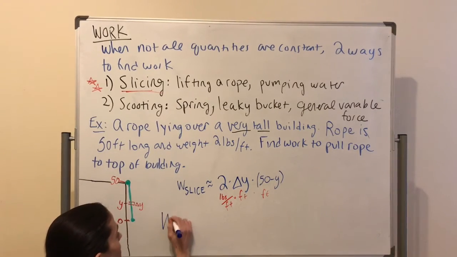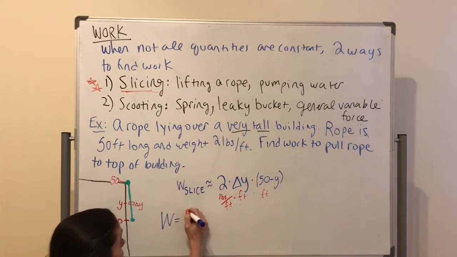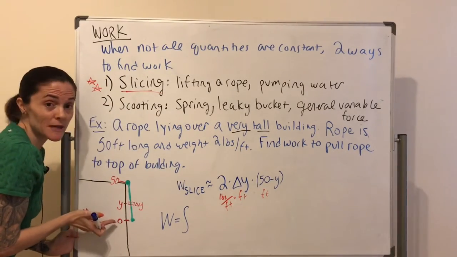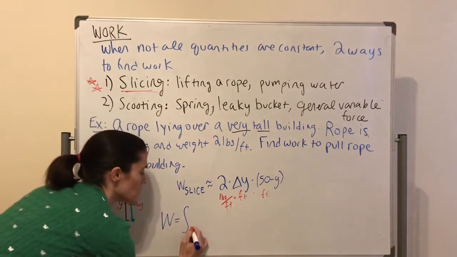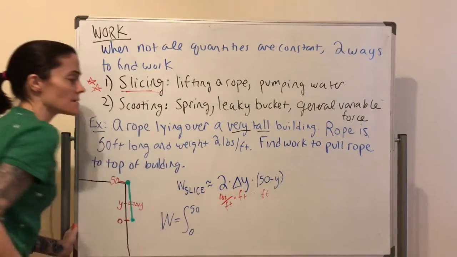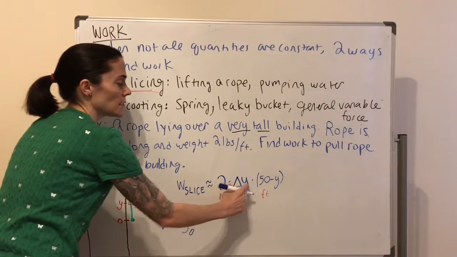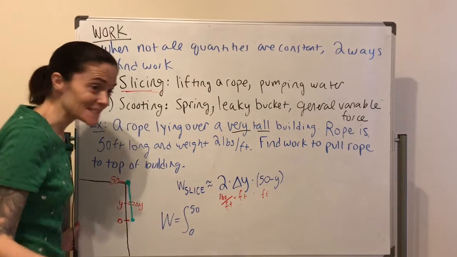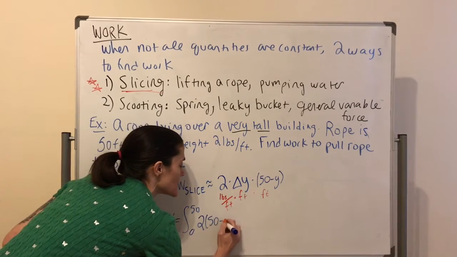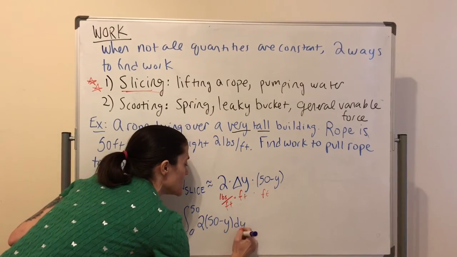So the total work is equal to the integral. Well, my slices range between 0 and 50, and then here is the function I'm integrating. The delta y becomes the dy, right? So we have the integral of 2 times (50 minus y) dy.